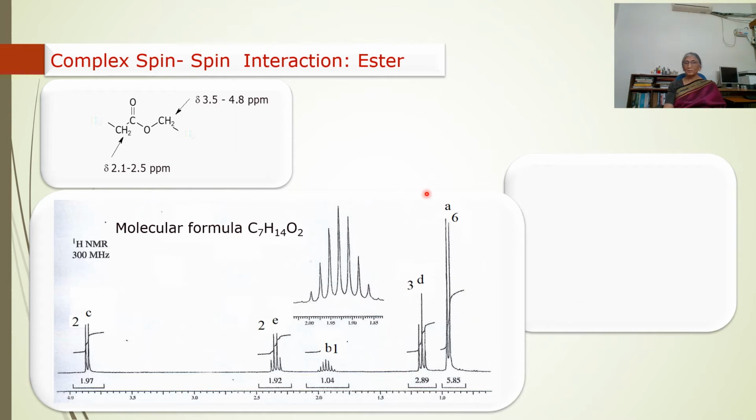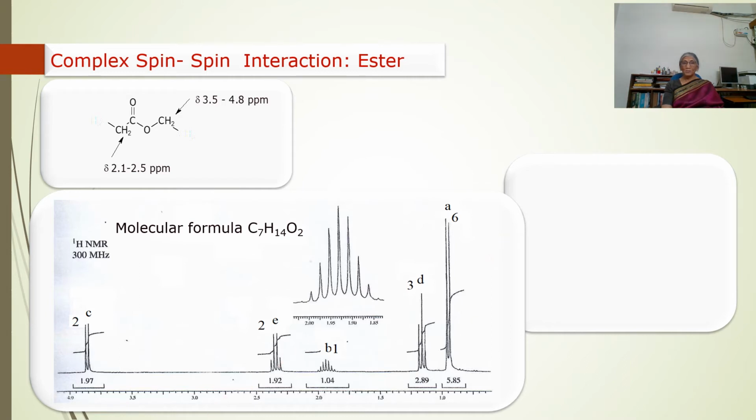Now look at the doublet, which is given by 6 equivalent protons. 6 equivalent protons means 2 methyl groups, and it is a doublet. It means close to these 6 equivalent protons there is 1 proton, and a septet from 1 proton indicates that the neighbors of this single proton must be 6 protons, and 6 protons are 2 methyl groups.